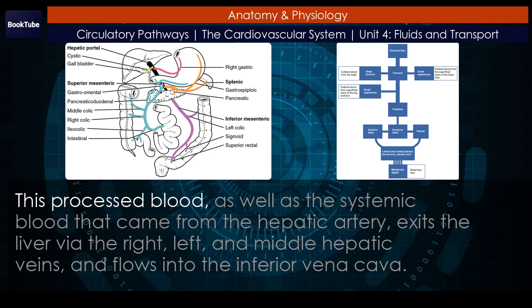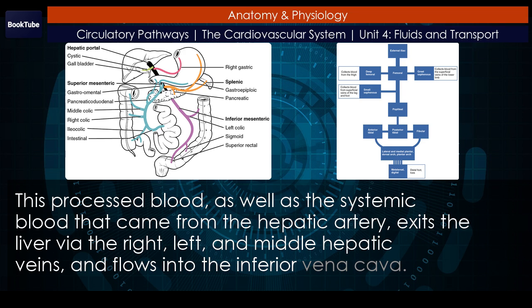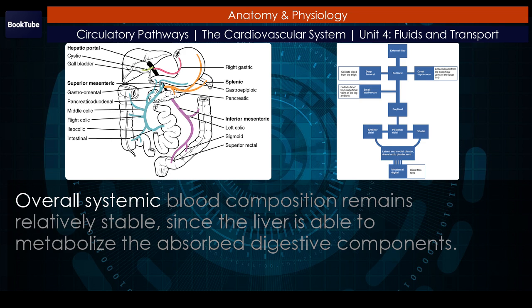This processed blood, as well as the systemic blood that came from the hepatic artery, exits the liver via the right, left, and middle hepatic veins, and flows into the inferior vena cava. Overall systemic blood composition remains relatively stable, since the liver is able to metabolize the absorbed digestive components.